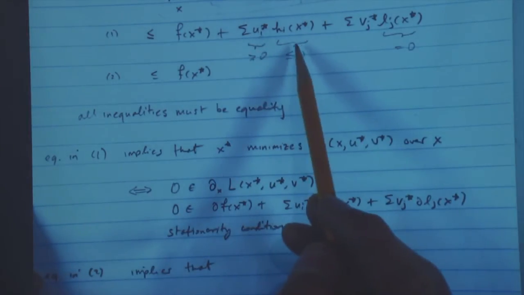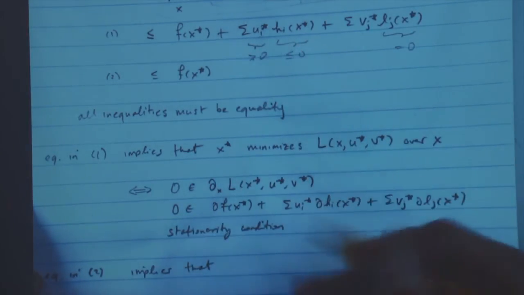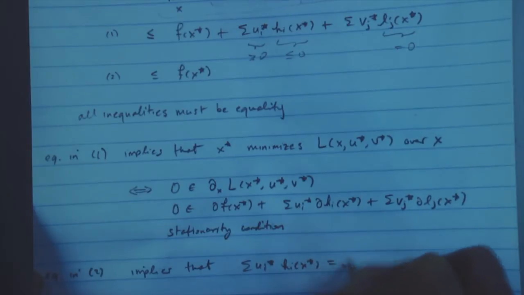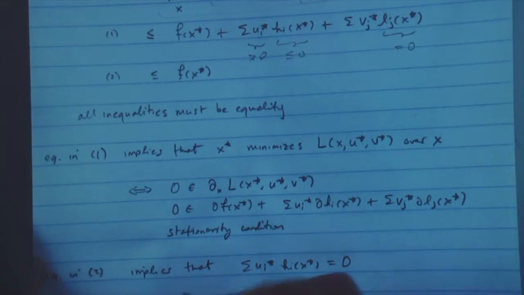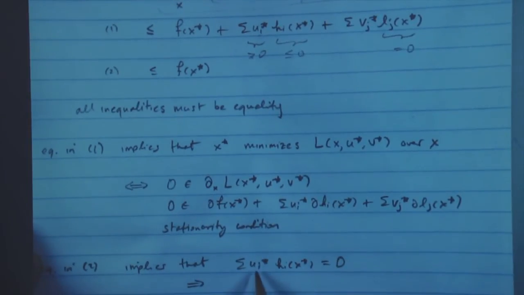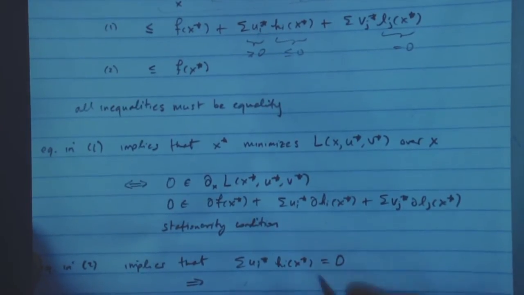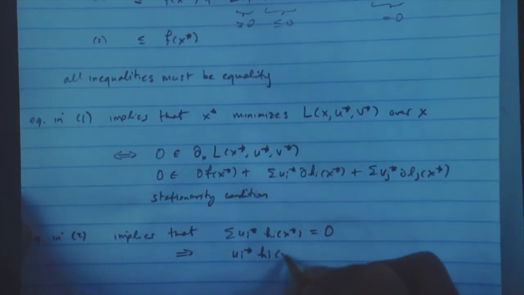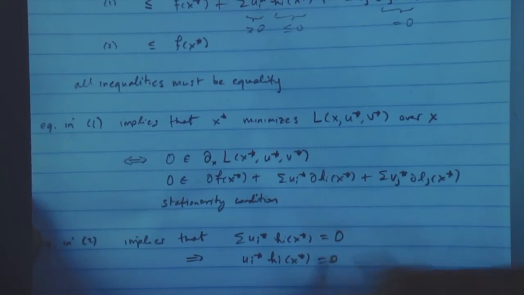But it's the sum of quantities that all have the same sign. So because each of these is bigger than or equal to 0 and less than or equal to 0, each term must be 0.